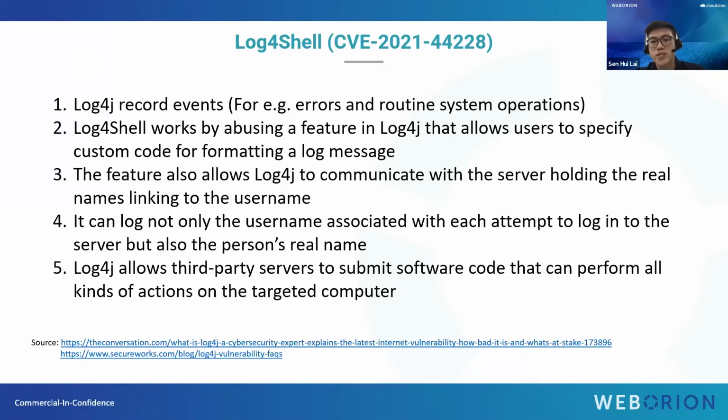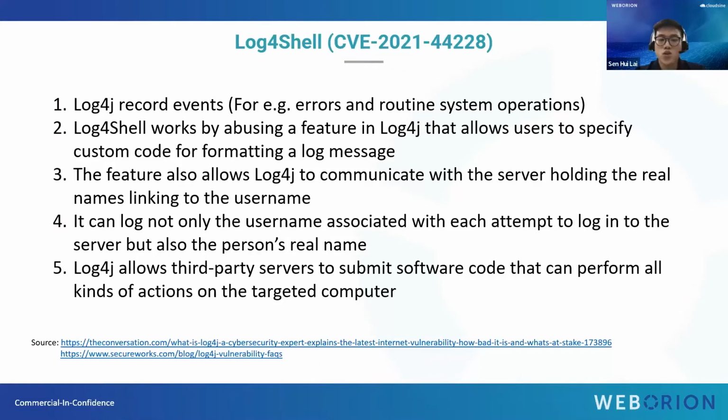It's also known as JNDI. It's a Java API that allows a user to specify certain codes and format a log message. This feature also allows Log4j to communicate with a directory server that's holding the real names and linking to the username.